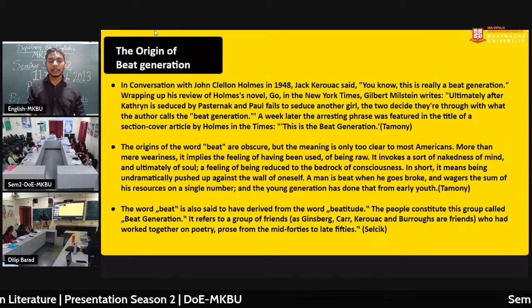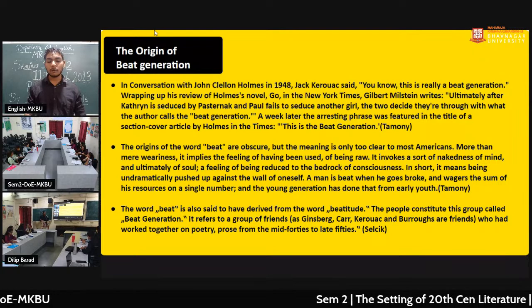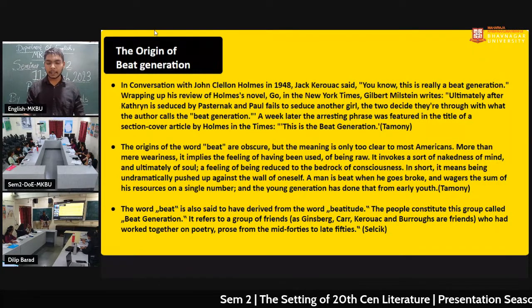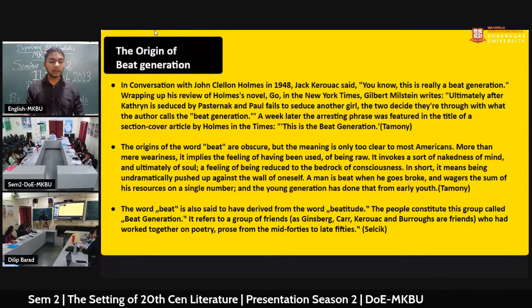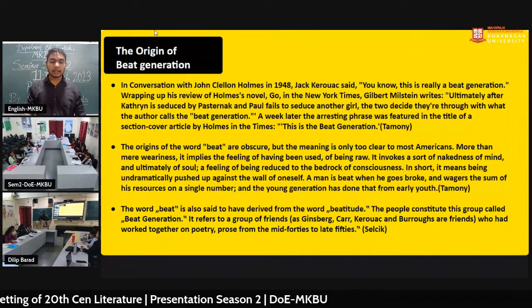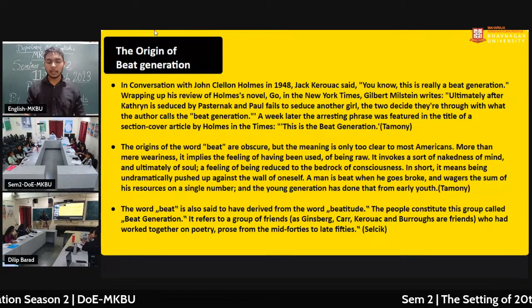In short, it means being undramatically pushed up against the wall of oneself. A man is a beat when he goes broke and wagers the sum of his resources on a single number, and the young generation has done that from earlier youth.